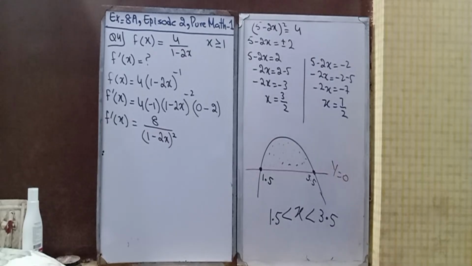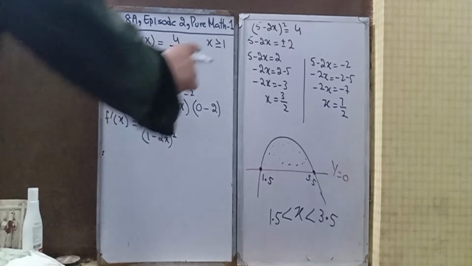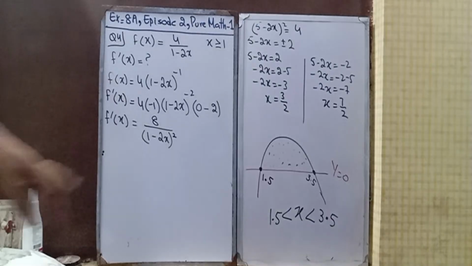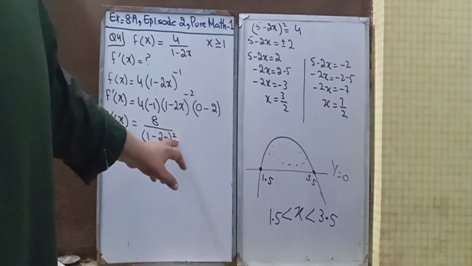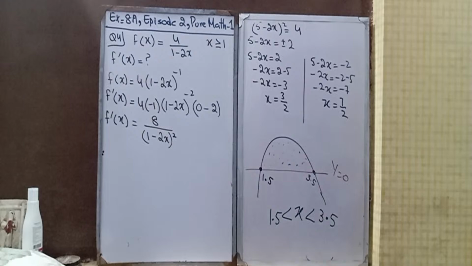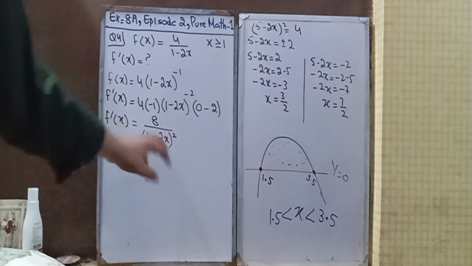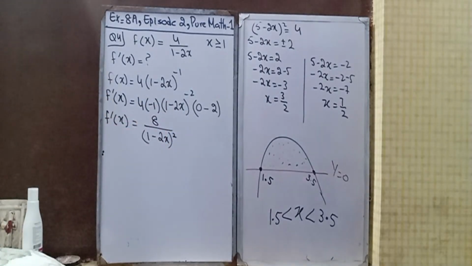If you look at the expression we have got for the derivative, no matter what, this is the first part. If you put any value greater than 1, because here you have a whole square and this is positive 8, this whole thing will always be positive.